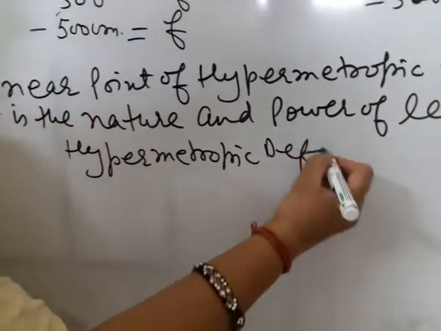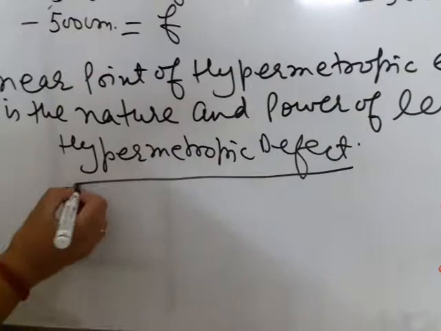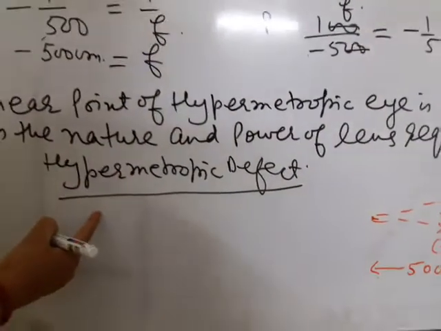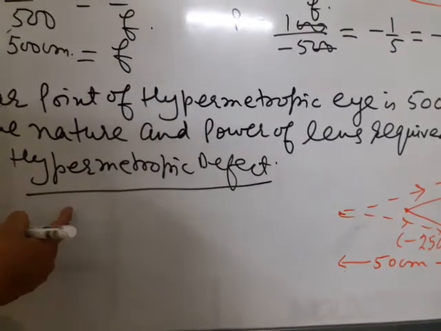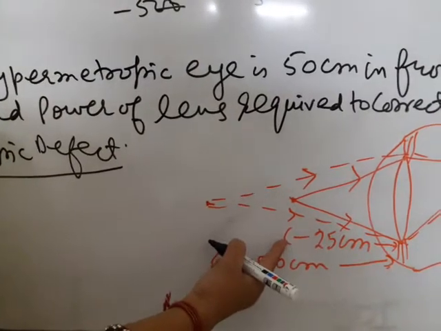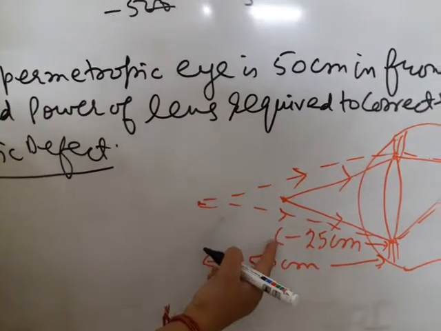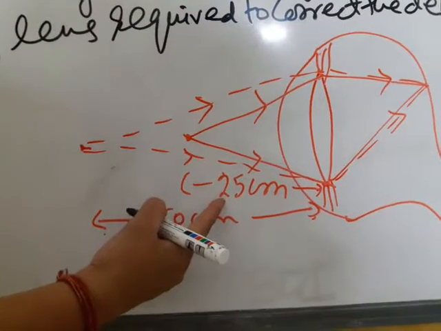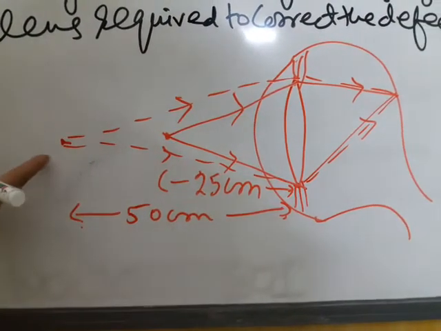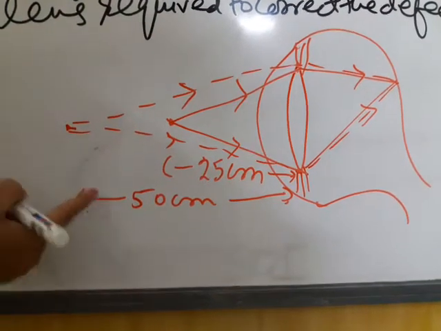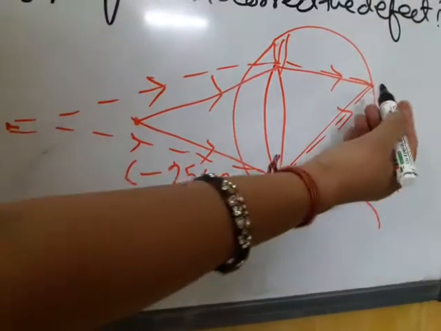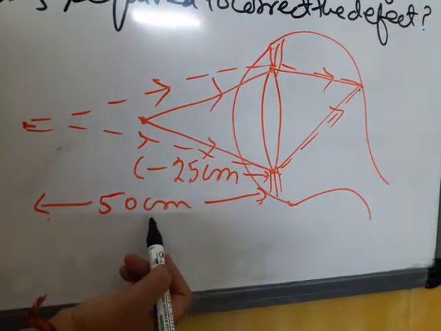In this defect, a person can see far off objects clearly but cannot see nearby objects. I have made the diagram here. A person suffering from hypermetropia cannot read a book which is kept at 25 centimeter, but when he focuses at 50 centimeter, it can be clearly seen. The image is formed on the retina.